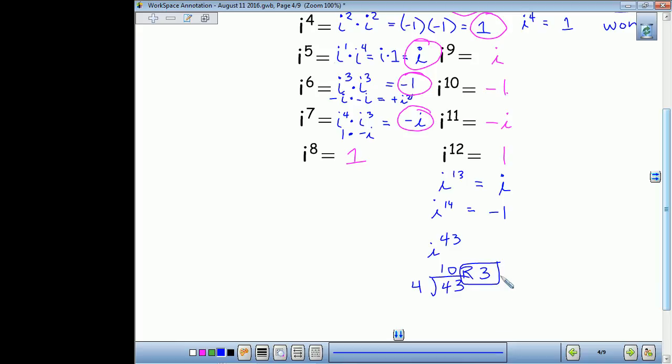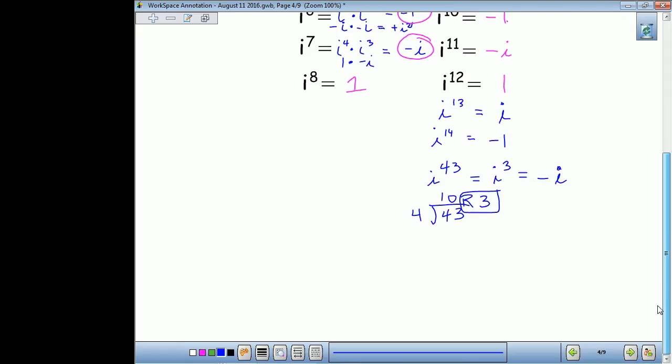The remainder is what we want to know, because this 10 tells us how many times it goes completely through the pattern. That's not so helpful. But the remainder is very helpful. So this is the same thing as i to the third, because that's my remainder, which is -i. Awesome.